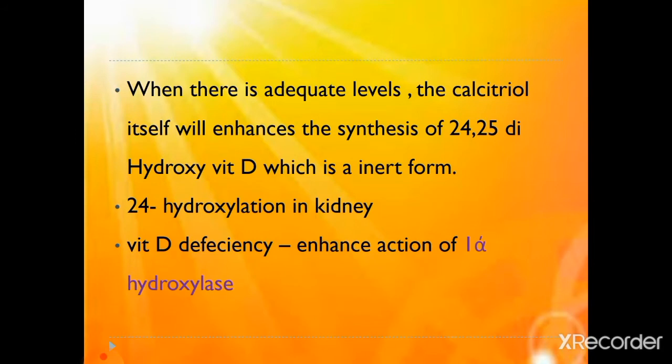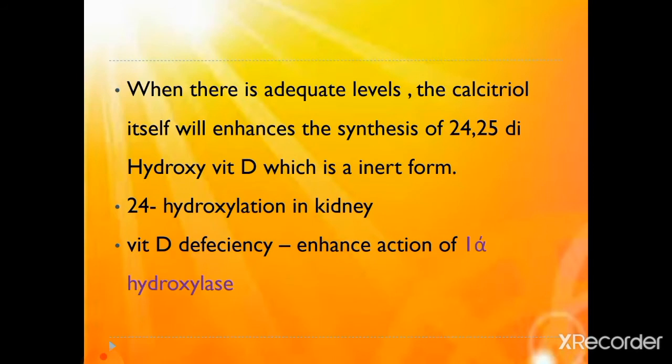Thus 1-alpha-hydroxylase is the rate-limiting enzyme of vitamin D metabolism, and if there is an adequate level of calcitriol, that itself will enhance the synthesis of 24,25-dihydroxy vitamin D. So, if there is an adequate level of vitamin D in our body, the remainder is converted into 24,25-dihydroxy vitamin D, which is the inert form.